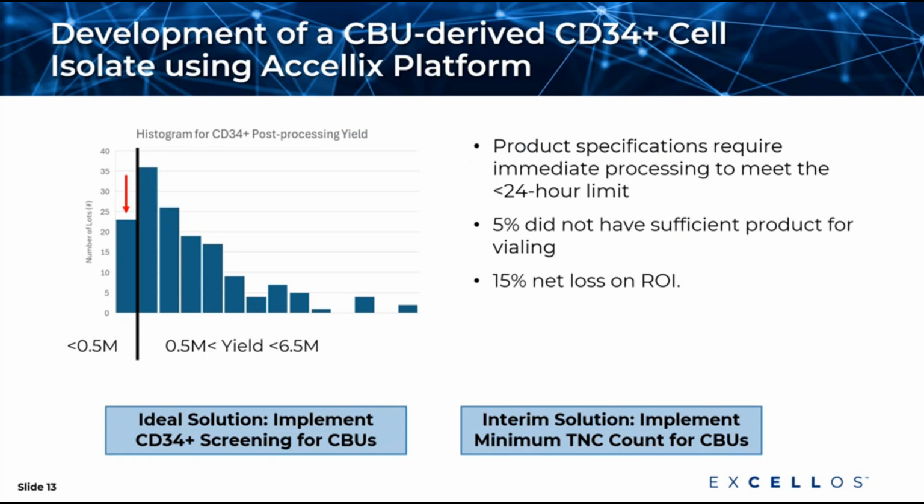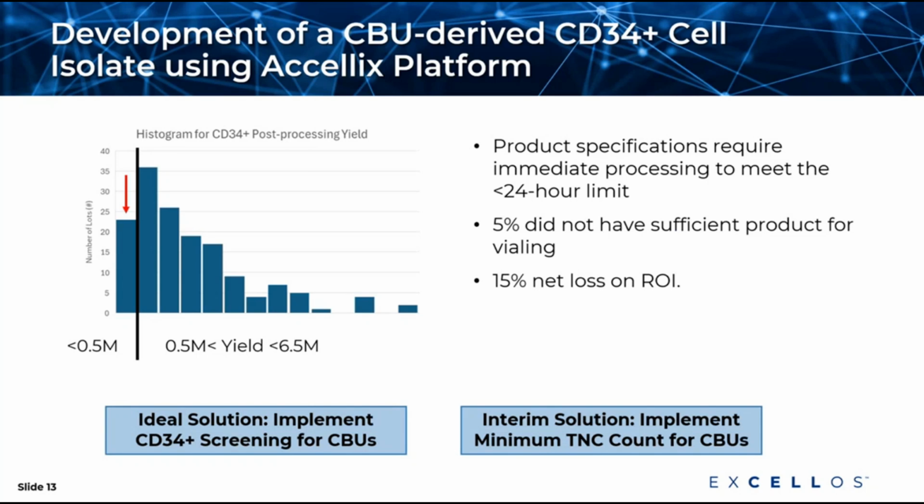Again, thinking about the logistics and the business side of this, I've demonstrated our historical data sets in terms of yield for CD34 plus cells using a histogram. And I really want to focus on the leftmost bin in which we've yielded less than 0.5 million cells. 5% of this historical lot that we manufactured did not even have sufficient product for vialing. 15% we've calculated here on the leftmost bin had a net loss on return of investment, even if we were able to vial one or two at the lower concentrations.